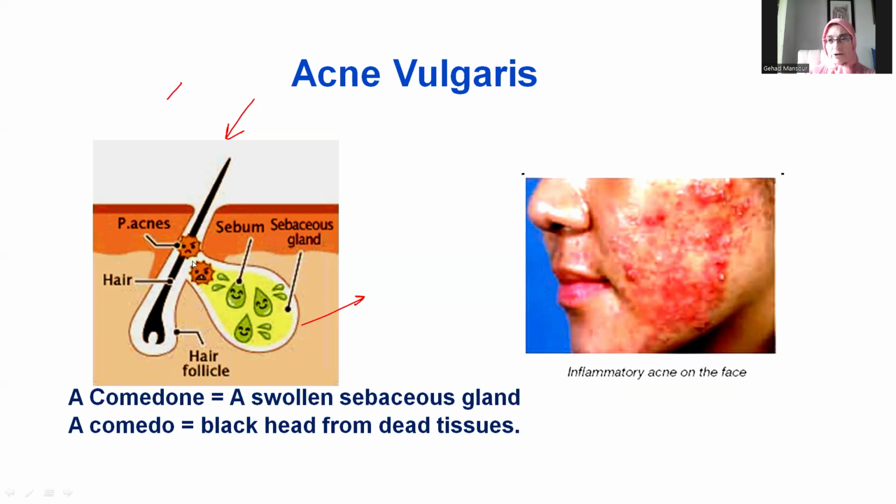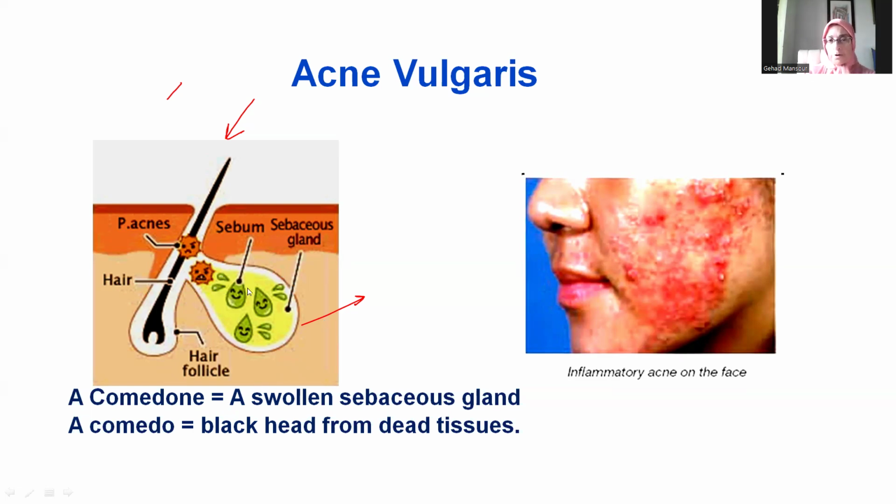When the gland duct is blocked, because it is an exocrine gland that has a duct, the secretion accumulates inside the gland. When the secretion accumulates inside the gland, it becomes swollen and forms a comedone. A comedone is the swollen sebaceous gland, but it's not yet inflamed.